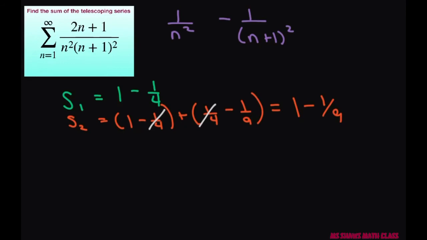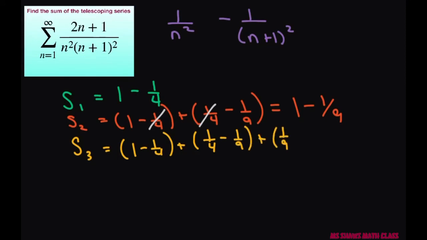And then let's do our third partial sum. That's going to be 1 minus 1/4 plus 1/4 minus 1/9 plus 1/9 minus 1 divided by 16. So this is going to be 1 minus 1 divided by 16.